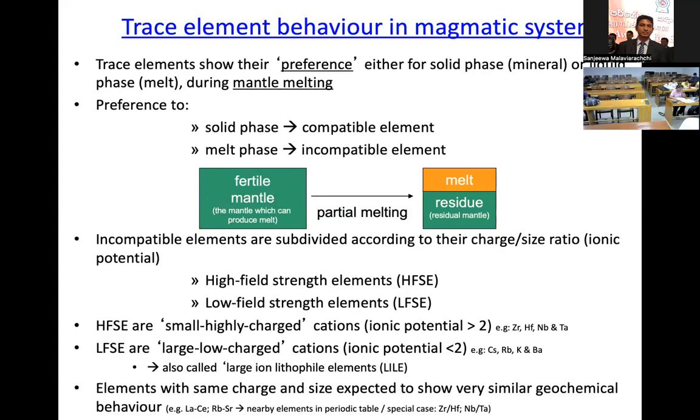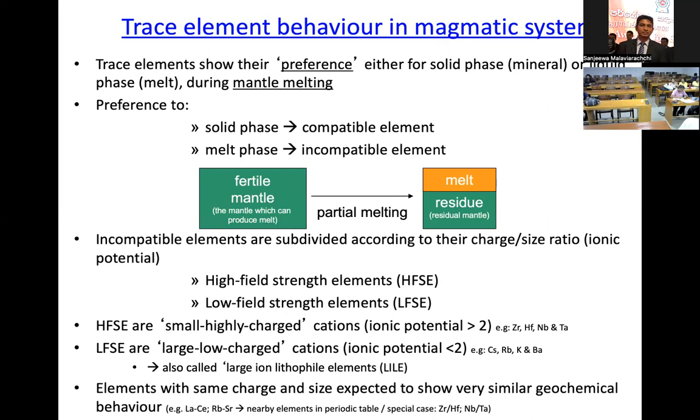Those elements which like most to be incorporated into the solid phase are called compatible elements, and those elements which prefer the melt phase we call incompatible elements. Okay. So during partial melting, we get the mantle melted, and in addition to the melt, we remain with the residue.